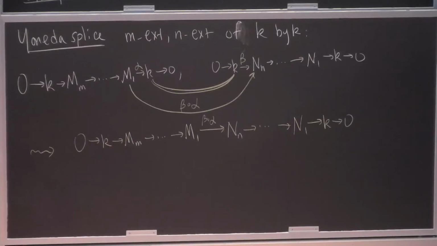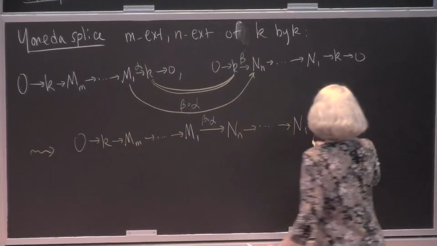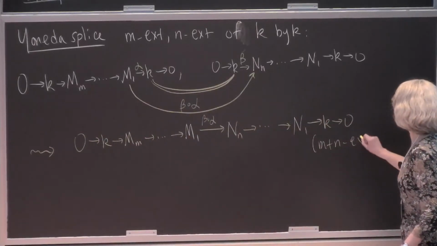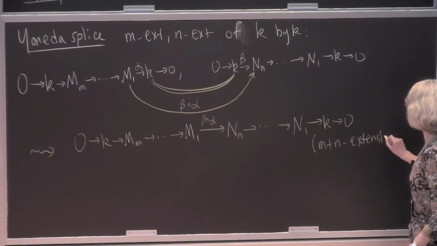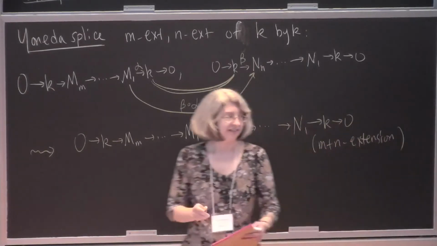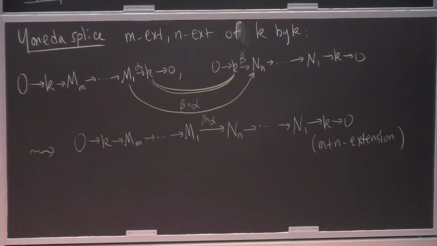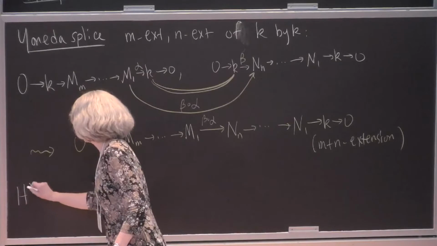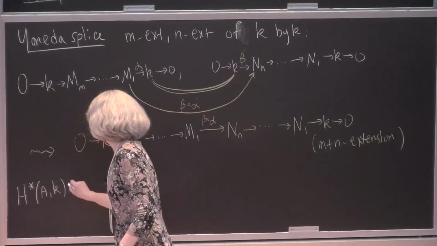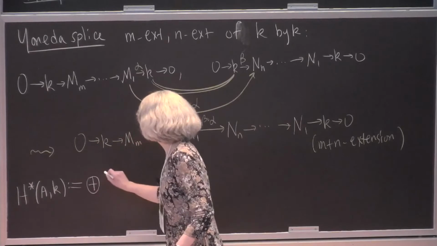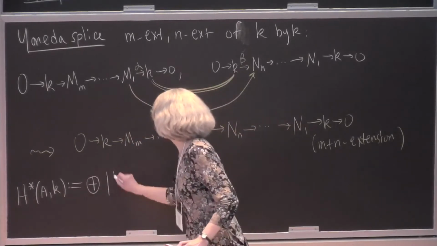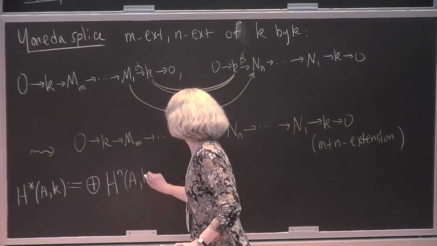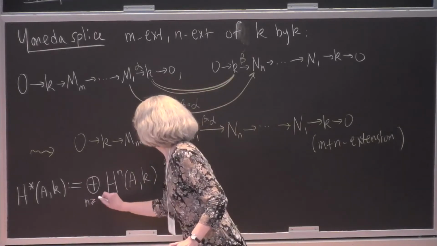And you can check that this is, again, an exact sequence, and so you get an (m+n)-extension of k by k. And that gives a graded product when you look at all of these together. So let me write down some more notation. H^*(A,k) is defined to be the sum of all of these H^n(A,k), n goes from 0 to infinity.